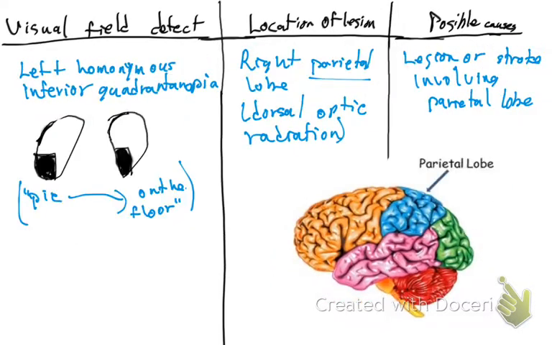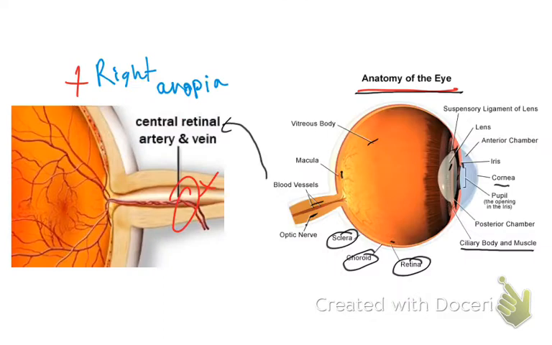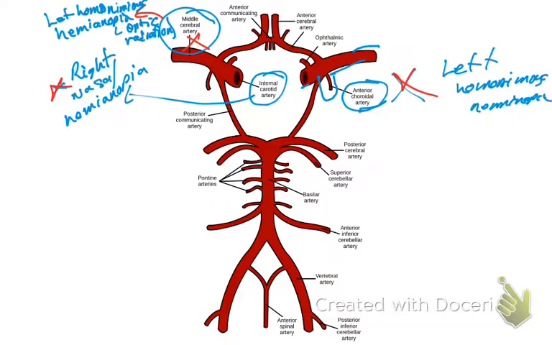So now we can go here to the arteries. Basically here, do you see the posterior cerebral artery? This one is the one that is going to be occluded, and then the patient is going to get left homonymous hemianopia with a macular sparing.